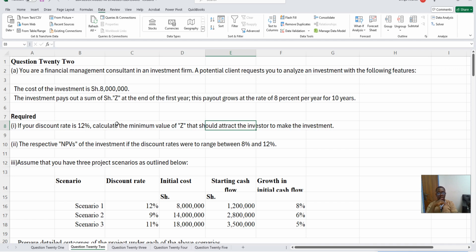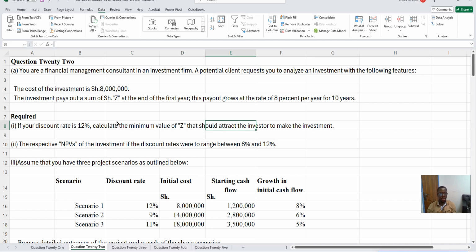So what is the minimum value of Z that should attract the investor to make the investment? When you're looking at the minimum, that is to say, regardless of if I invest, I won't incur any loss or any profit, a safe zone. So ideally at this point, our net present value should be equal to 0.